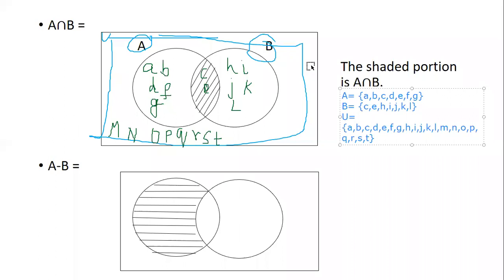Which means I consider all the elements from A, I consider all the elements from B. Apart from this, I also consider these elements which are still available in the universal set. Did you all understand now? Any doubts? Everybody understood?